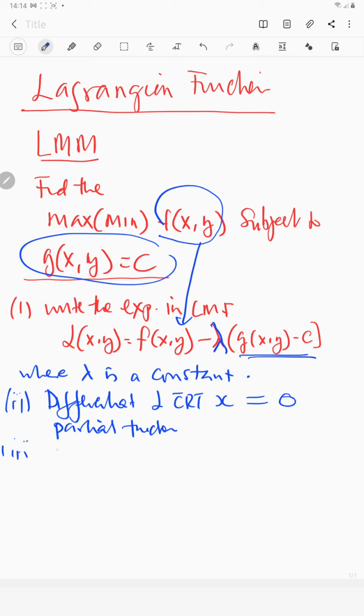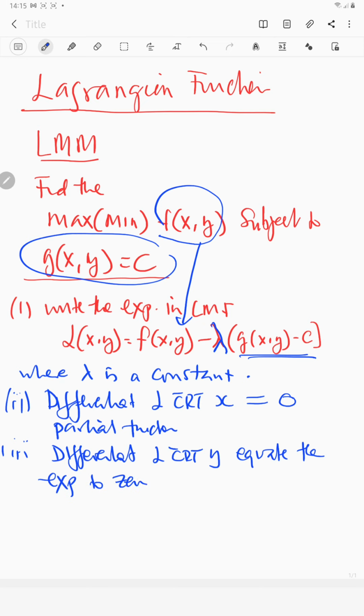Now the third part: you differentiate L again with respect to y, and you again equate the expression to 0, and then thereafter you put in the third statement, g(x, y) is equal to c. So you solve that part.